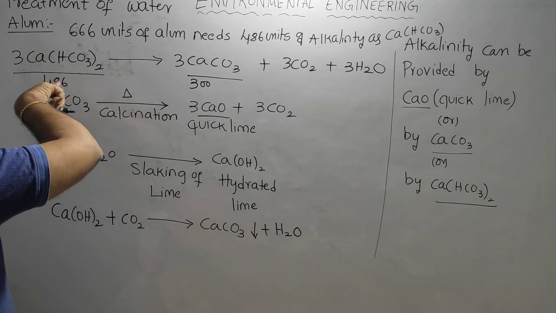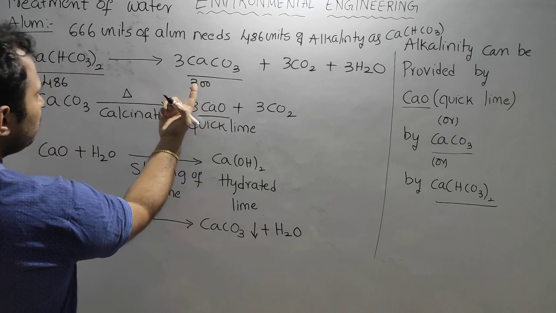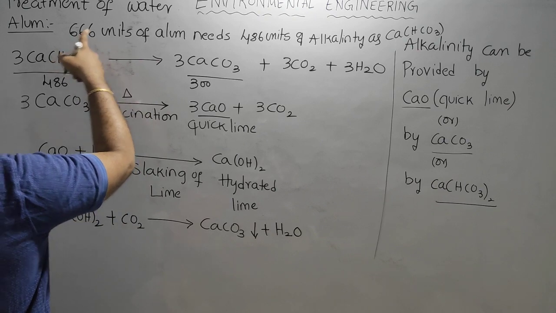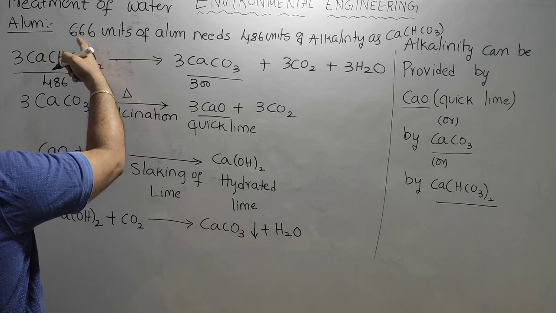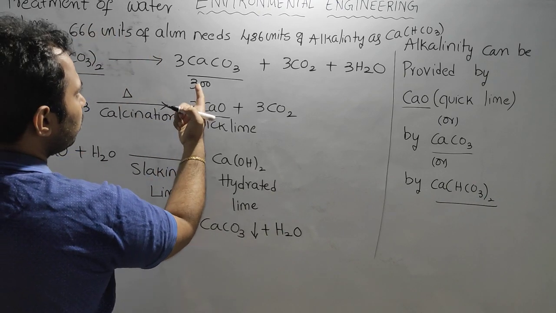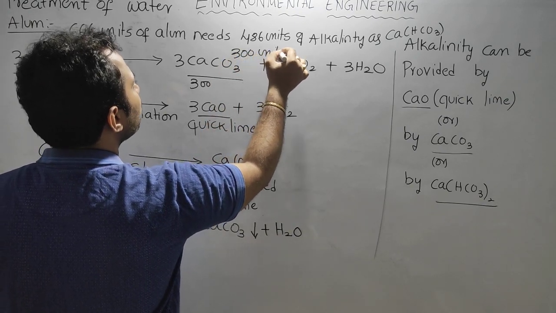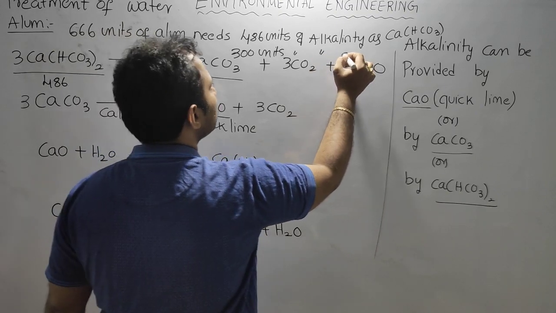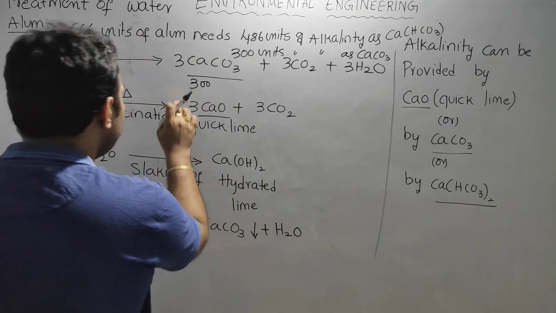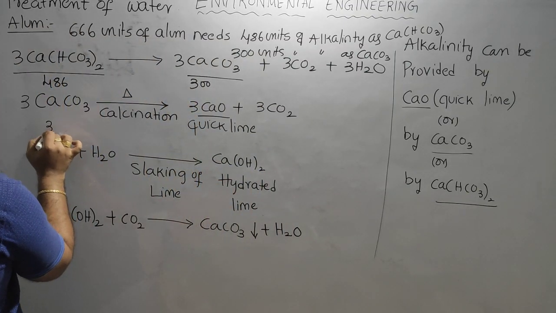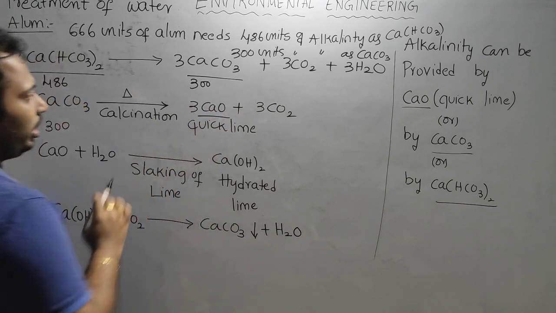In turn, 486 needs 300 units of CaCO3. That means 666 units of alum needs 300 units of alkalinity as CaCO3.